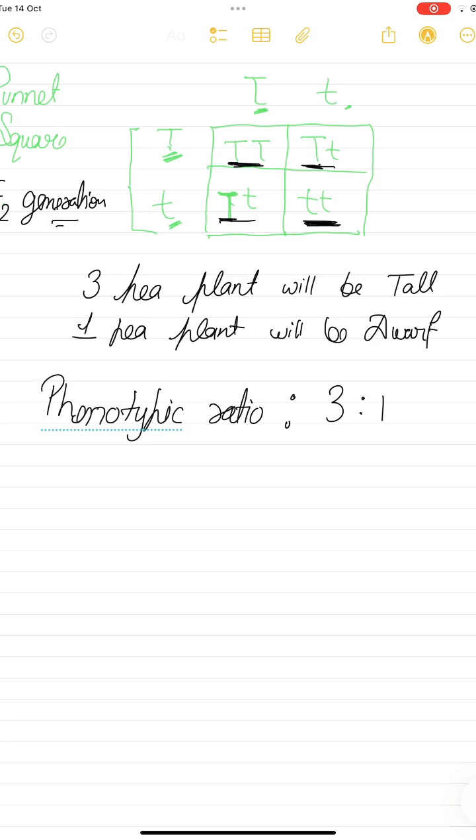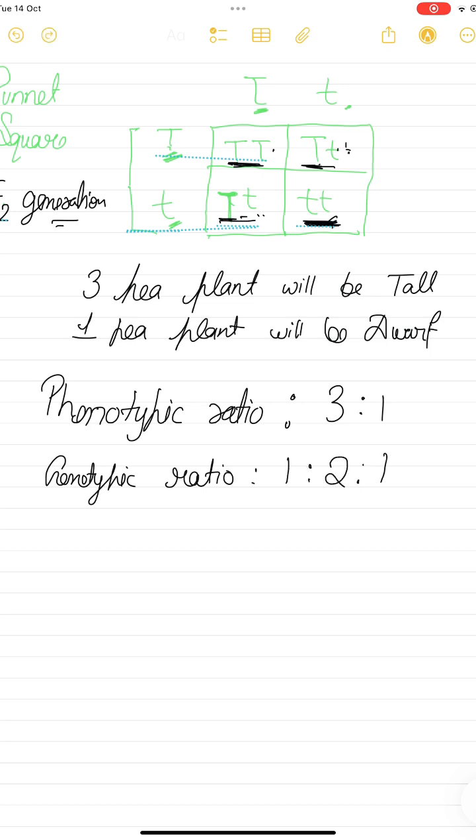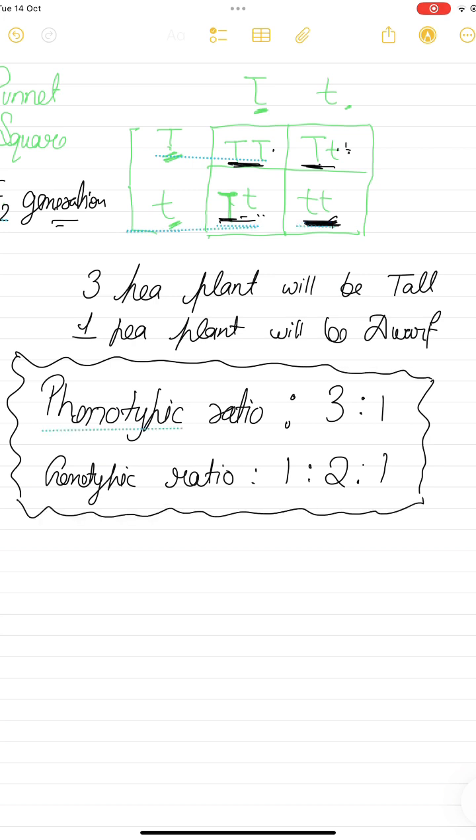The other thing is the genotypic ratio. The genotypic ratio means how many types of genes you can see here: big T big T, big T small t, and small t small t, so there are 3 types.